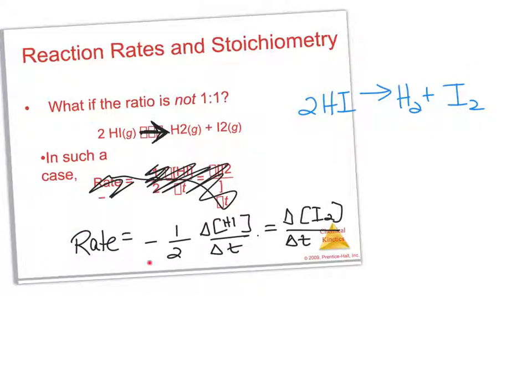We're going to put what I've written here on hold for a second, and I'm going to explain why this is true. What if you've measured your I2, and you know the rate of formation of your I2 over time, but you want to know how fast this is disappearing. You know this, you measured it in the lab. You want to know how fast that is disappearing.